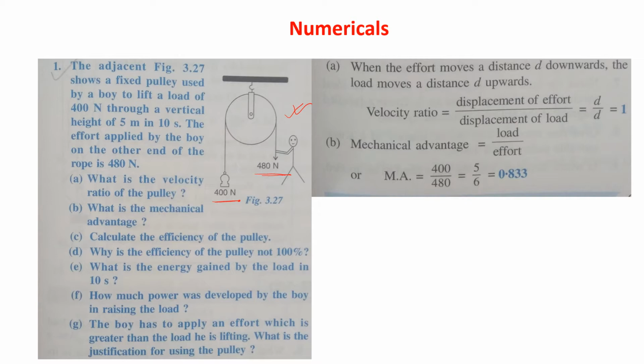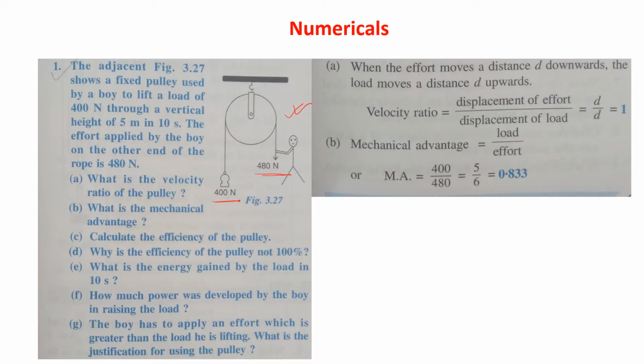E, what is the energy gained by the load in 10 seconds? F, how much power was developed by the boy in raising the load? And G, the boy has to apply an effort which is greater than the load he is lifting. What is the justification for using the pulley?